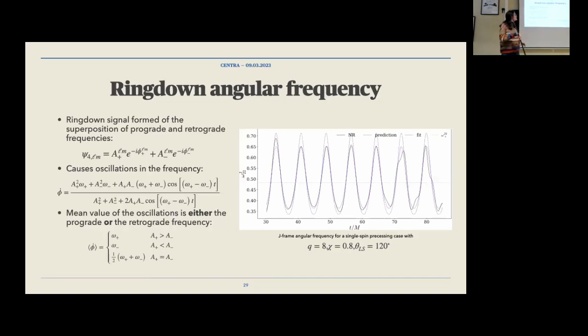And we can see here, from looking again at our numerical simulations, that both frequencies are excited, and we get a superposition which causes an oscillation in the frequency of the gravitational wave that is emitted by the final remnant black hole. But the mean of this oscillation will essentially be either the prograde or the retrograde frequency, depending on which is excited most strongly, depending on which is dominant. And the amplitudes of these quasi-normal mode frequencies are not given by perturbation theory. And so we don't know naively which dominates.